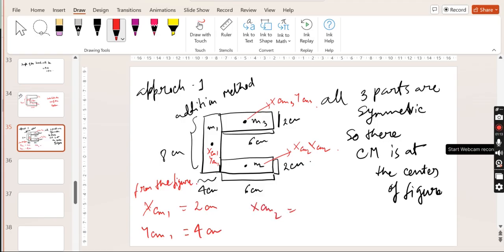XCM2 is 4 and 3, that is 7, and YCM2 is 1. XCM3 is also 4 and half of 6, 3, that is 7, and this is 1. So YCM3 is 7 centimeters.